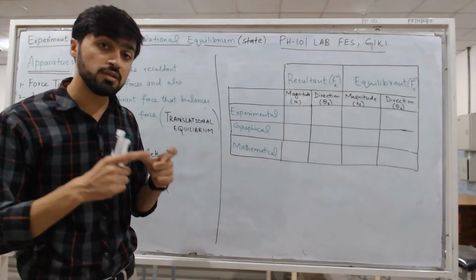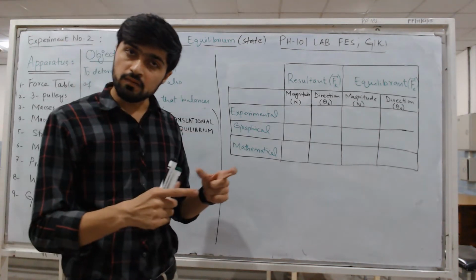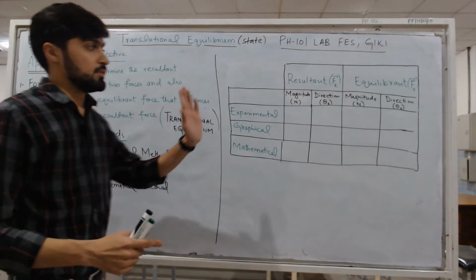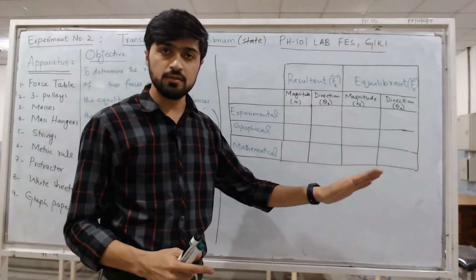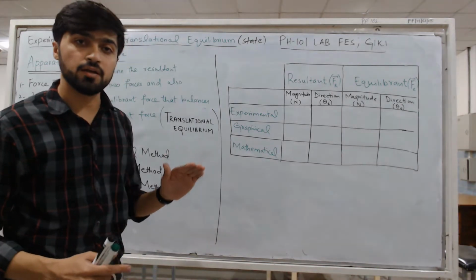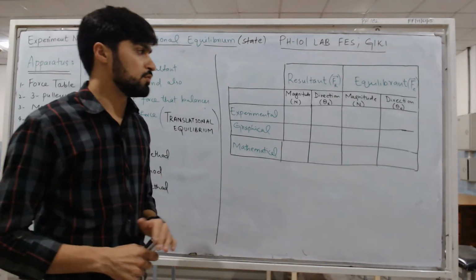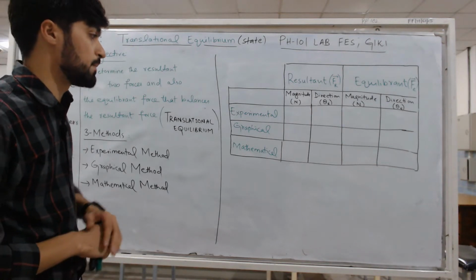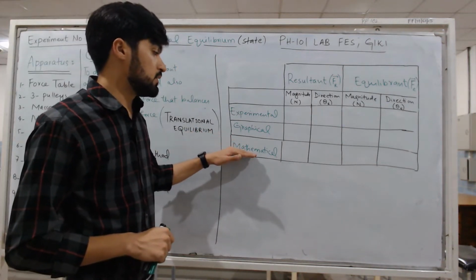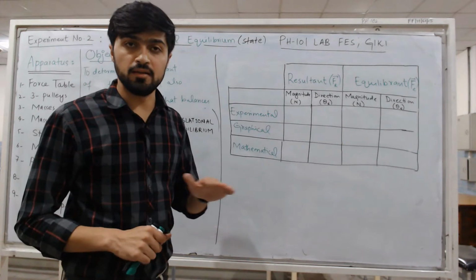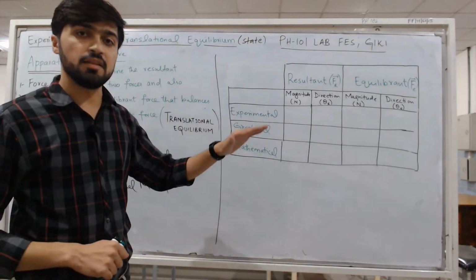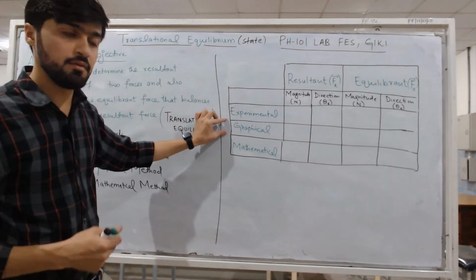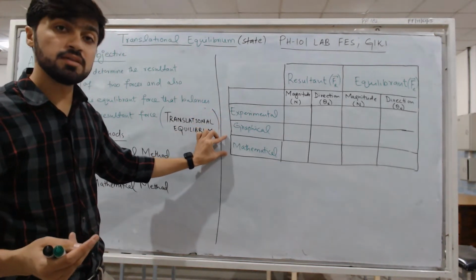Then we will plot these vectors on graph paper, draw the resultant, and verify the parallelogram law of addition, which we will come to later. Then we will add vectors mathematically. So one way is experimental, one is the graphical method that we discussed, and the other is the mathematical method.